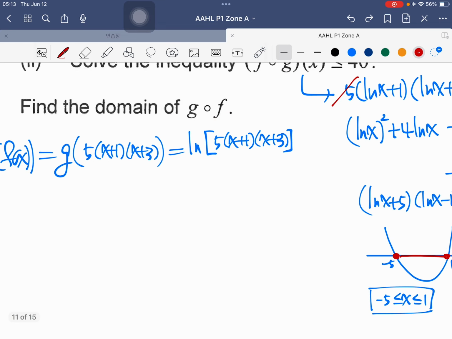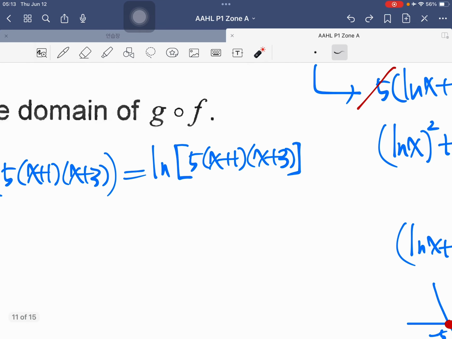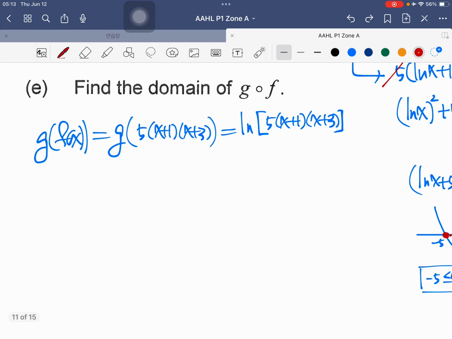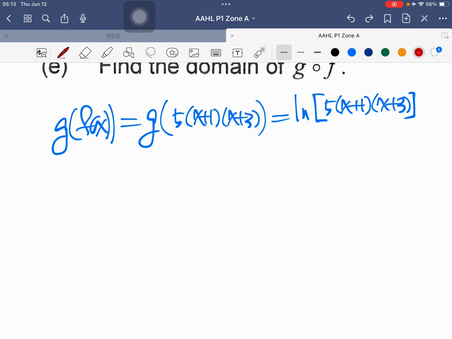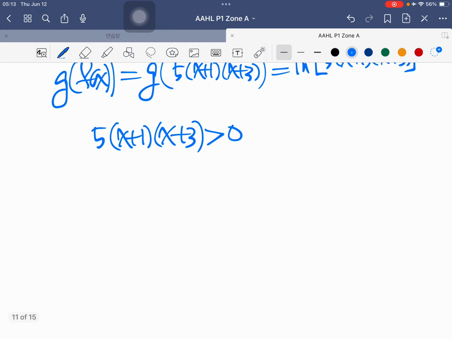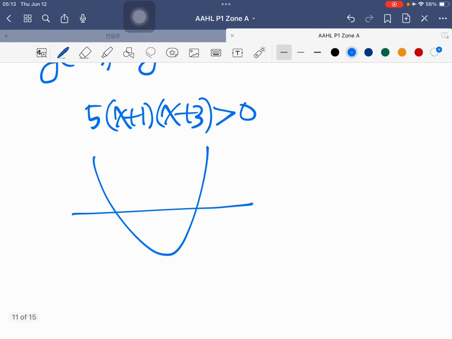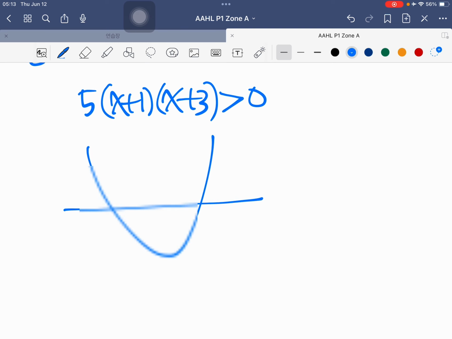So for the domain of ln x, the expression inside ln must be greater than 0. That is the domain by definition. So we need 5 times (x plus 1)(x plus 3) greater than 0. Sign diagram: a quadratic function with 2 zeros.